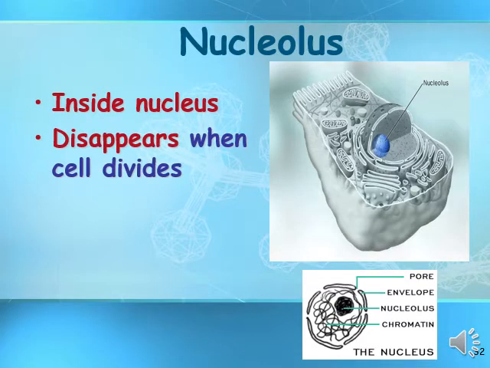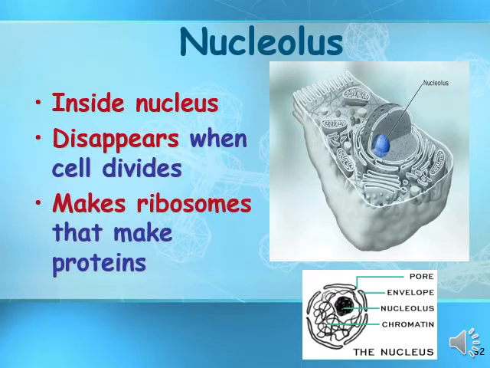The nucleolus is found inside the nucleus and disappears when the cell divides, through the phase of cellular division. It makes ribosomes that make proteins. Ribosomes for making proteins are made by this nucleolus.